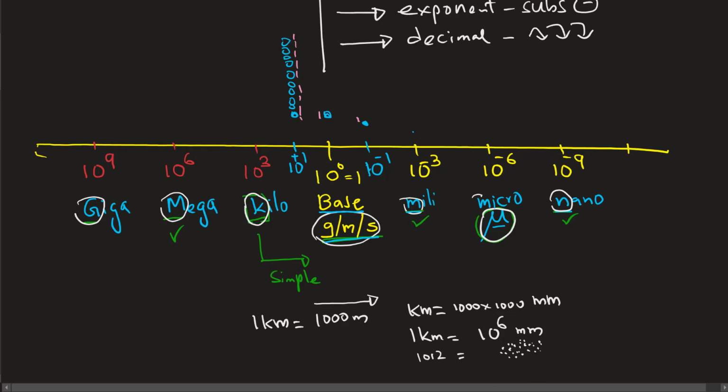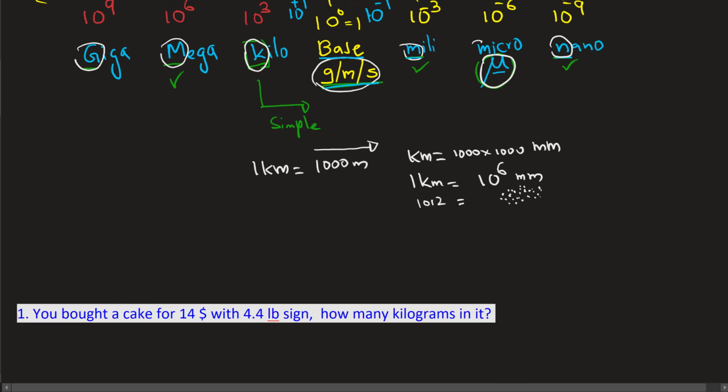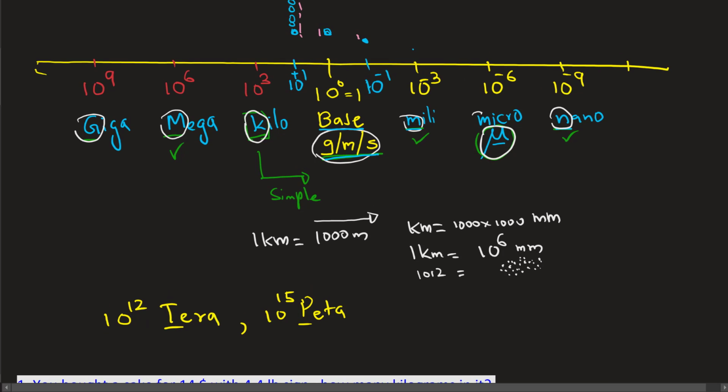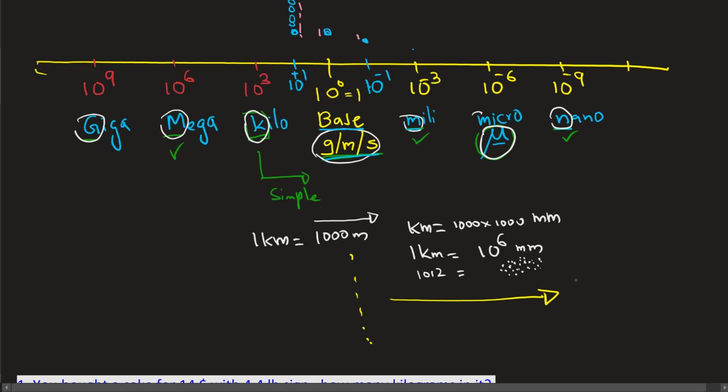Now, we can also look at other relationships here. What are the other multiples we can use? 10 to the 12 is tera, 10 to the 15 is peta, and let's put in the proper colors, because the right side is yellow and the left side is red.